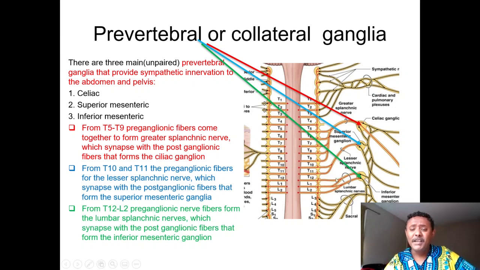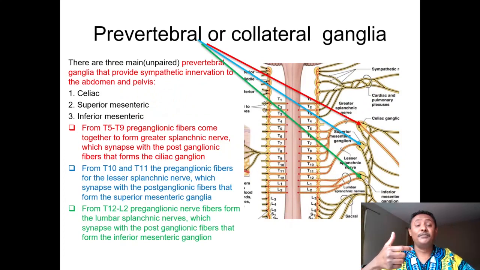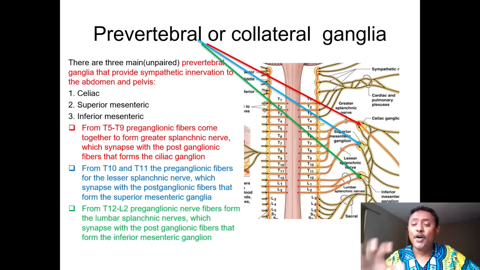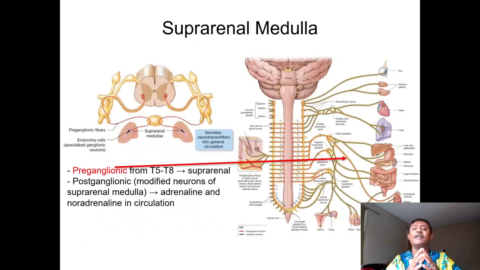And then T12, L1 and L2 are the preganglionic going to synapse with the inferior mesenteric ganglia. All of these ganglia, postganglionic fibers are going to the abdomen and pelvis. Done. Now let's discuss the suprarenal medulla, or medulla, some people pronounce it like that.